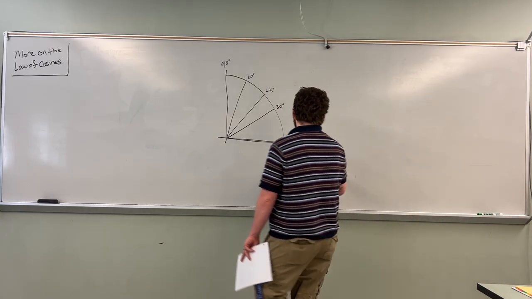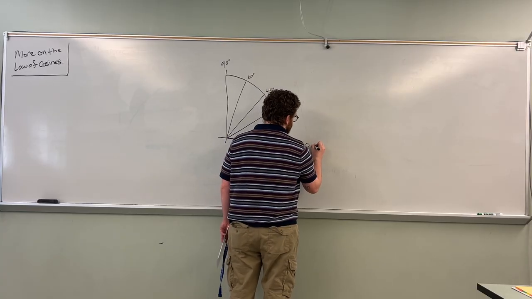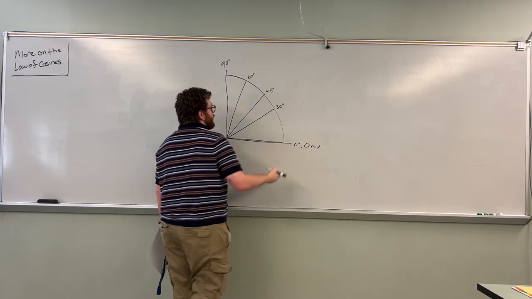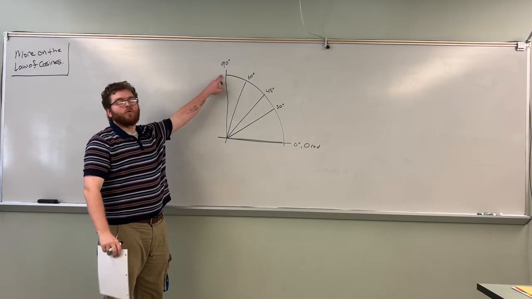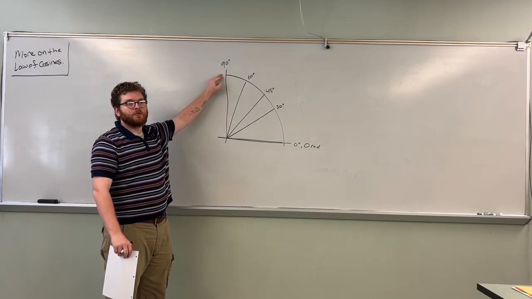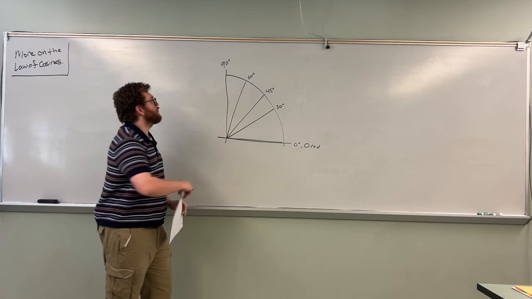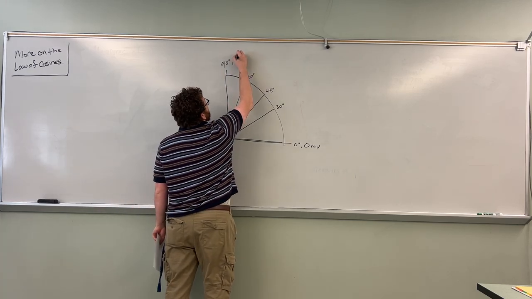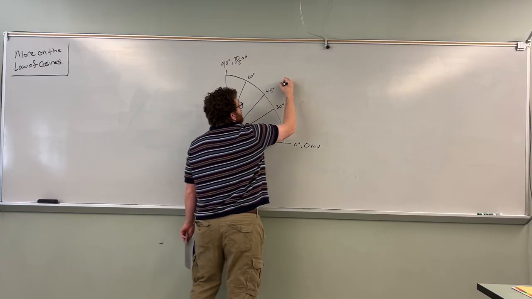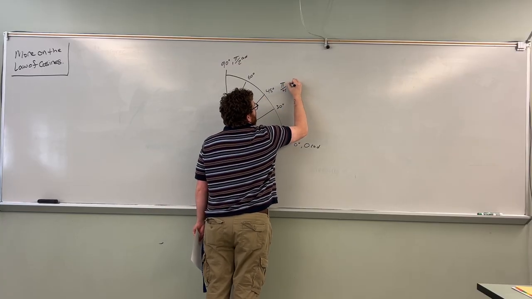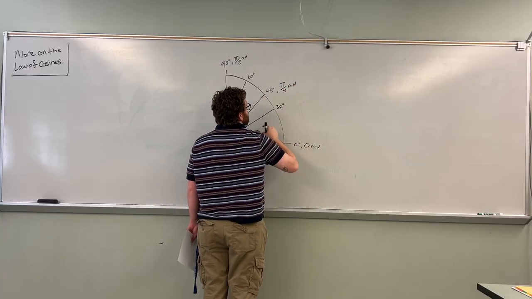So this is 0 degrees. This is also 0 radians. If a full circle is 2 pi radians, this is a quarter circle, so 2 pi divided by 4 is pi over 2. So it's pi over 2 radians. Then half of that is pi over 4 radians.